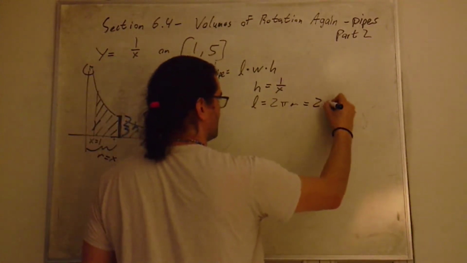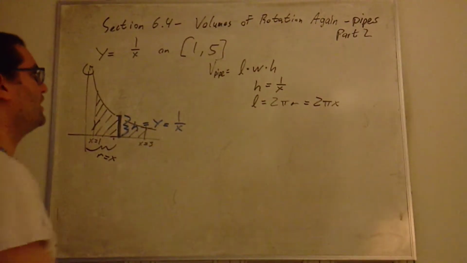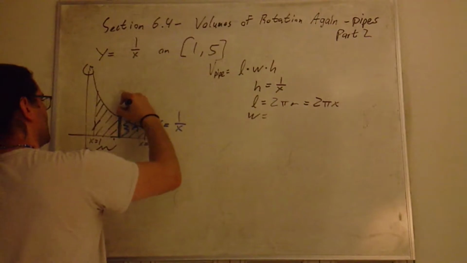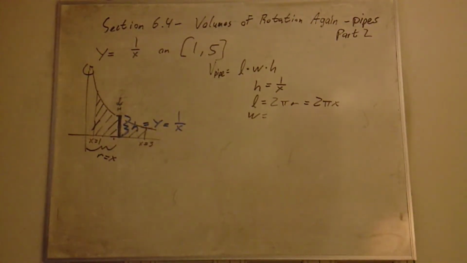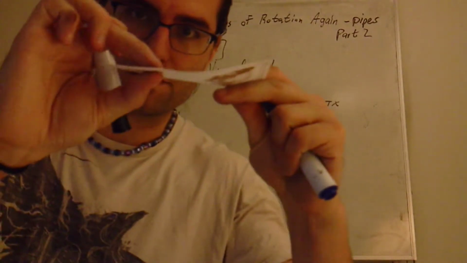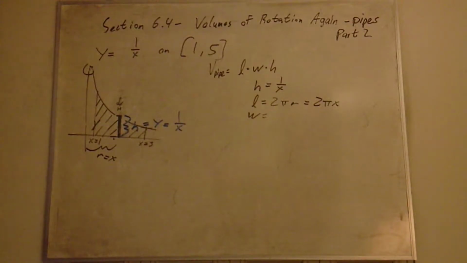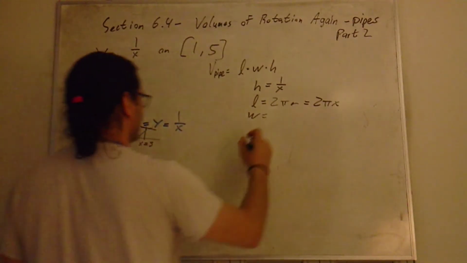So this is 2 pi x. And the width is this little dimension up here. That's the thickness of our piece of paper. That's the dimension that we are shrinking down to absolutely nothing. And in the meantime, we're calling it dx.